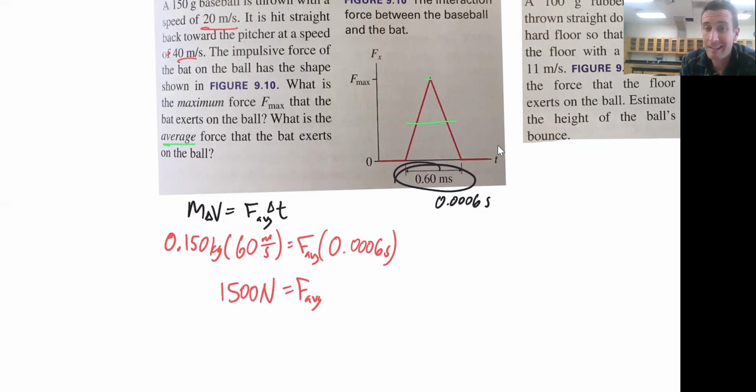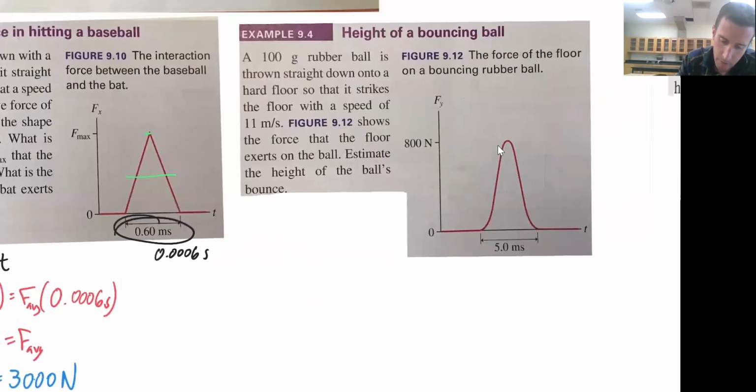And since it's triangular shaped and straight lines, I know that my maximum force has to be twice as much. So that would be 3,000 newtons is my maximum force. Nice. Let's do another one.